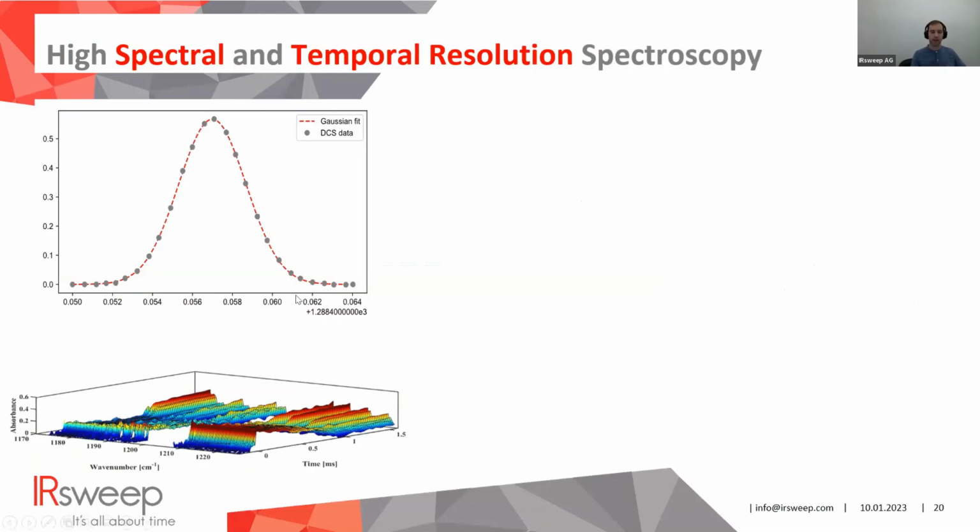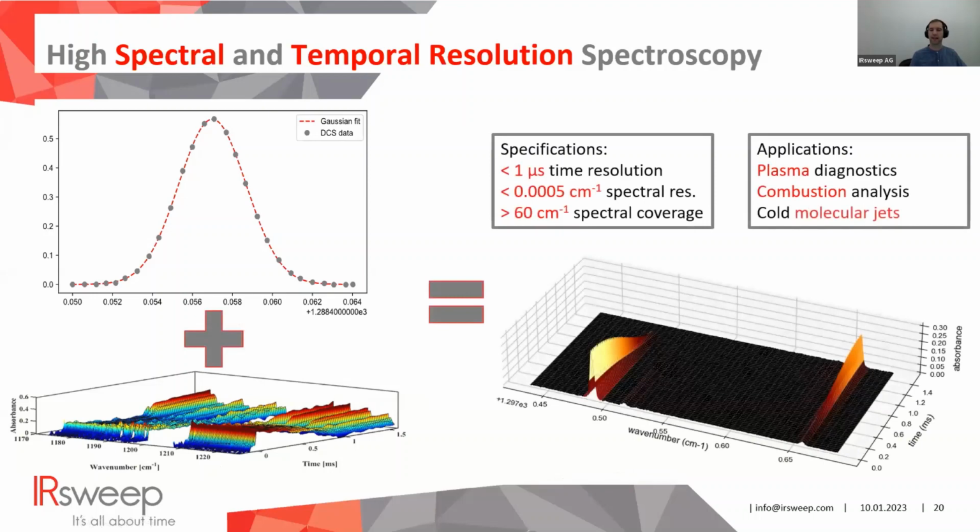So we can just do this high time resolution measurement at each position of our step sweep. If we combine the two techniques, we get a very high spectral and high temporal resolution at the same time. So we can now see those 10⁻³ wave number wide features, and we can observe their dynamics on a microsecond time scale.